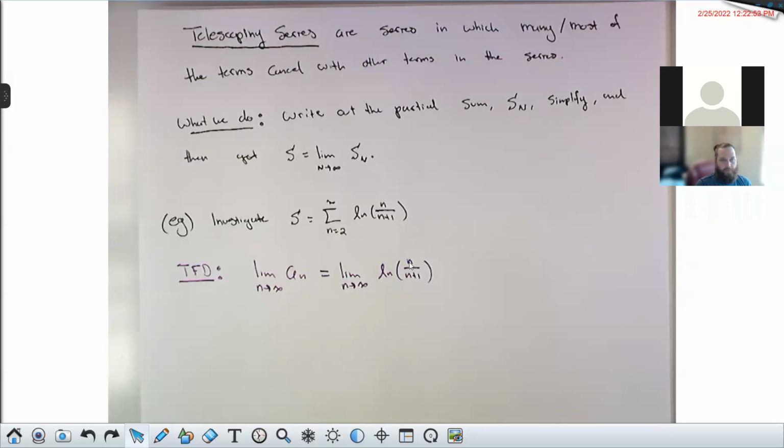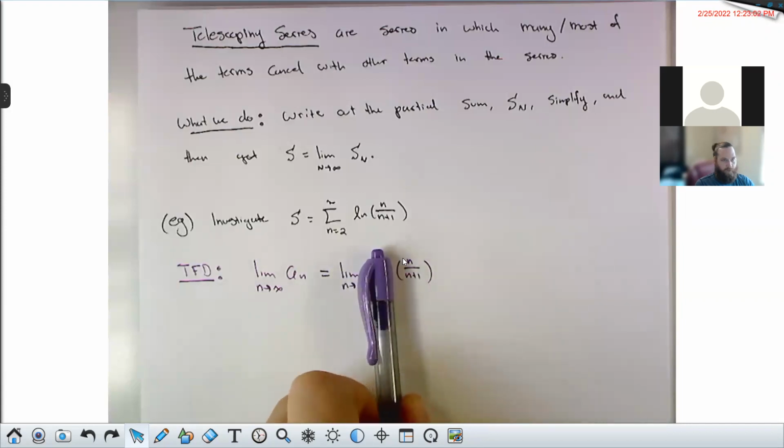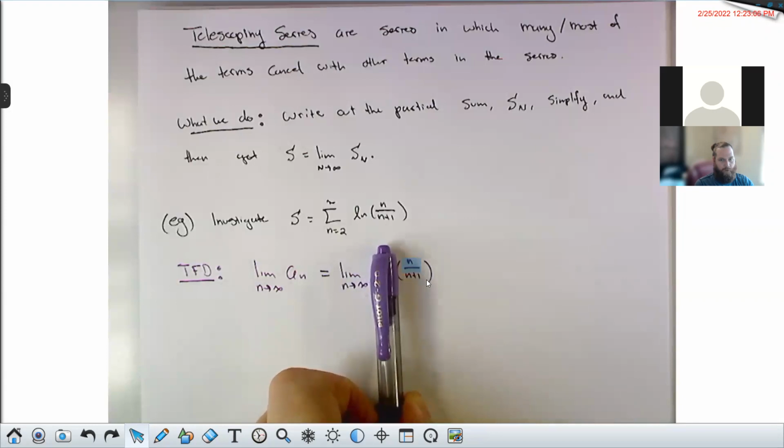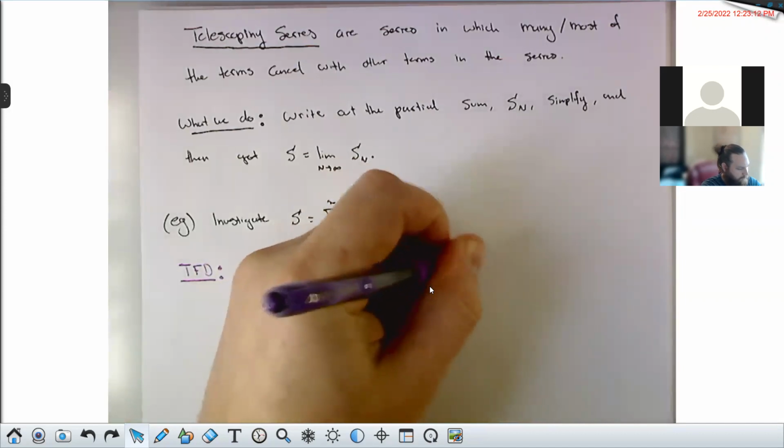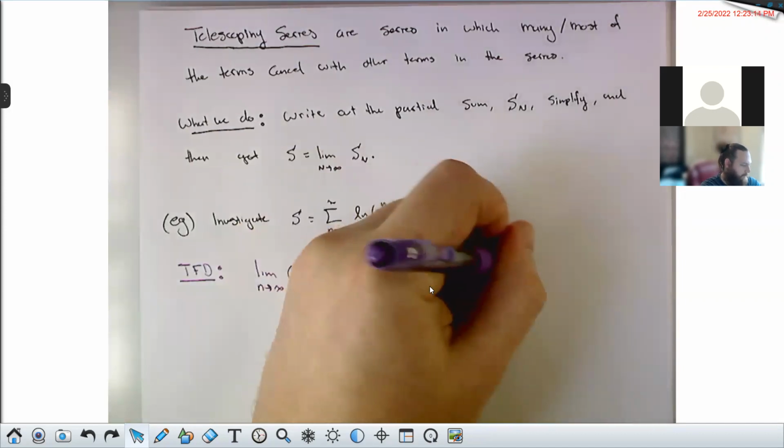I know you know this. Cover up the natural log. Yeah, if I cover up the natural log, n over n plus 1 goes to 1. So this limit is the natural log of 1, which is 0.